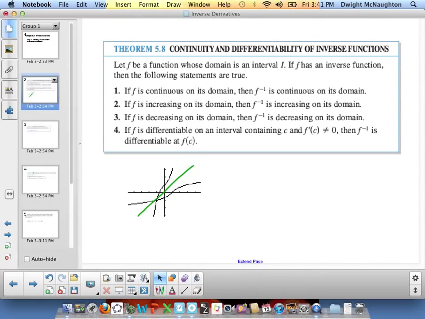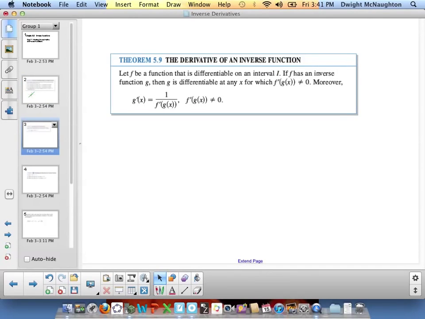Also, if you can take the derivative, you can take the derivative of the inverse, provided the derivative isn't 0. And in fact, a little bit further, the derivative of the function is equal to the reciprocal of the derivative of the inverse at the point that's opposite.